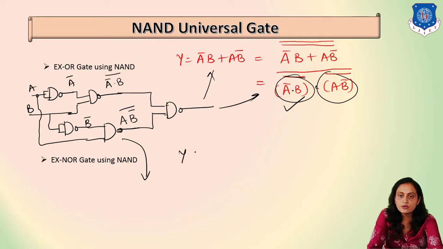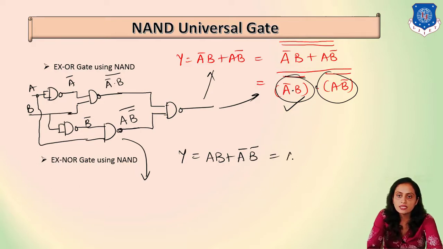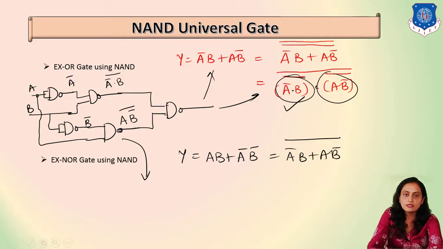So equation for this XNOR is A B plus A bar B bar, and we can write the same thing as A bar B plus A B bar whole bar. So we are going to draw the same circuit and we'll put one NAND gate over here.